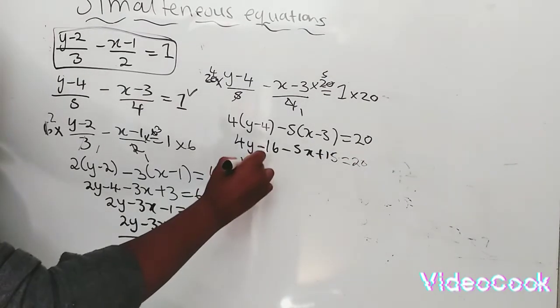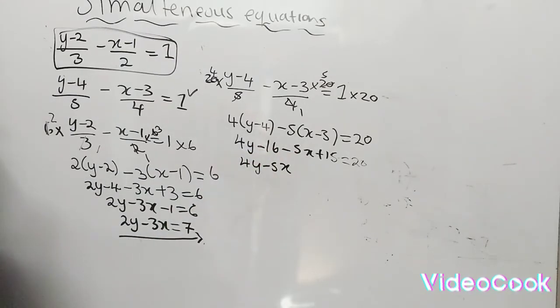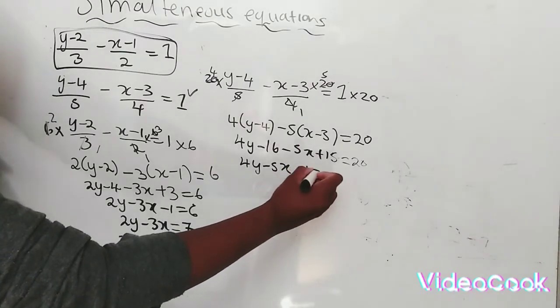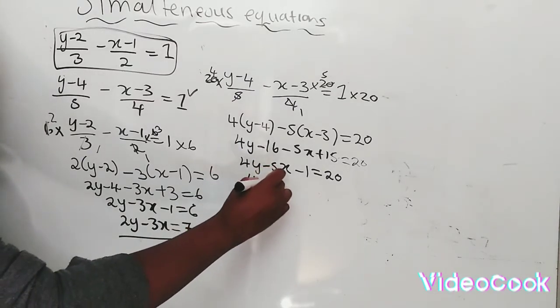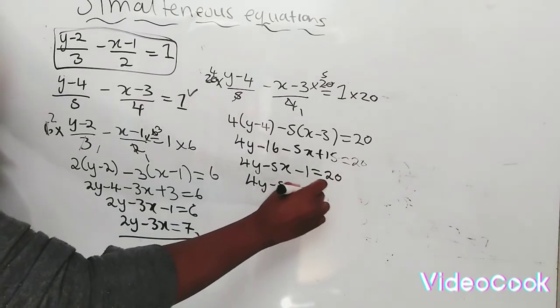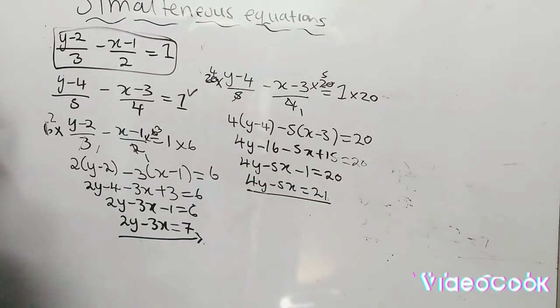This becomes 4y minus 5x minus 16 plus 15, which is negative 1, equal to 20. Taking the negative 1 to the other side, it becomes 20 plus 1, which gives us 21. So we have 4y minus 5x is equal to 21. That's our second equation, right?